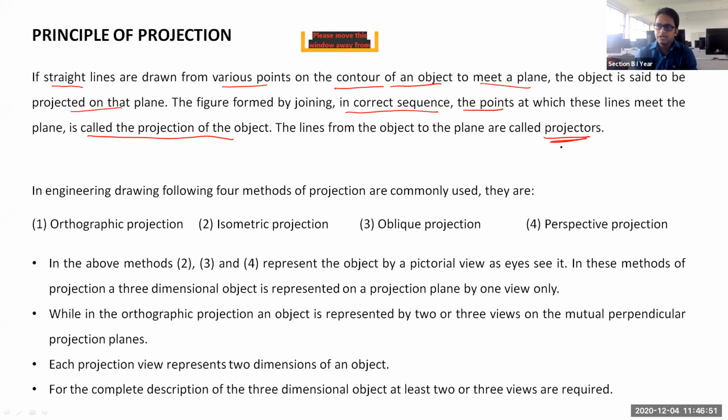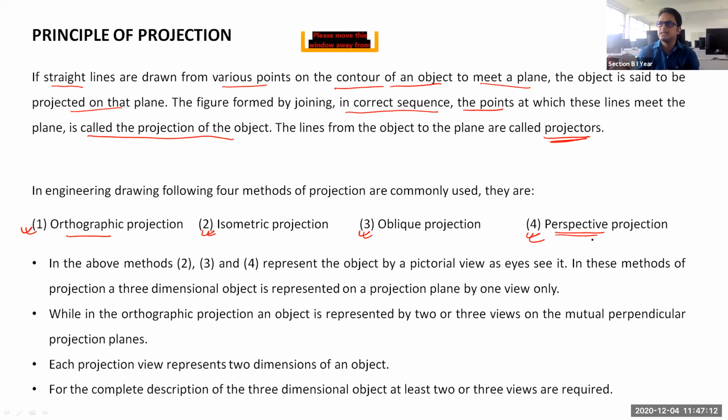Now there are 4 projection methods: orthographic, isometric, oblique projection, and perspective projection. I have discussed here your orthographic, and I have given you a glimpse about your perspective projection also.